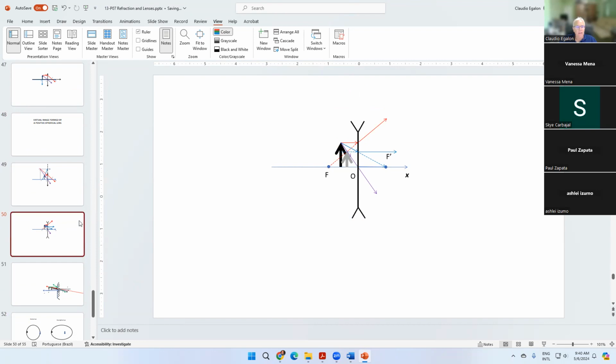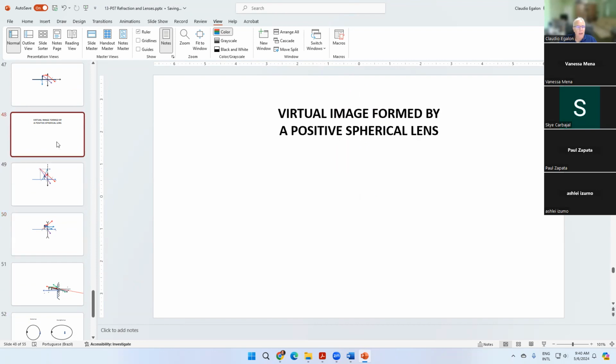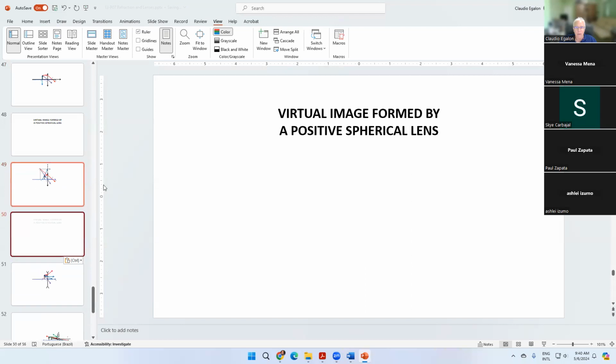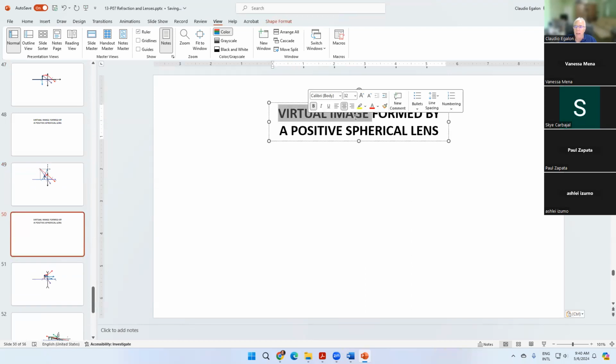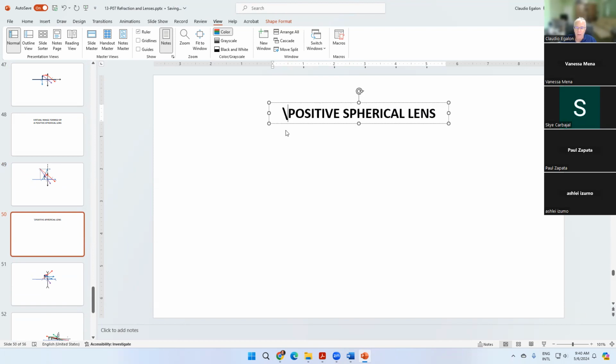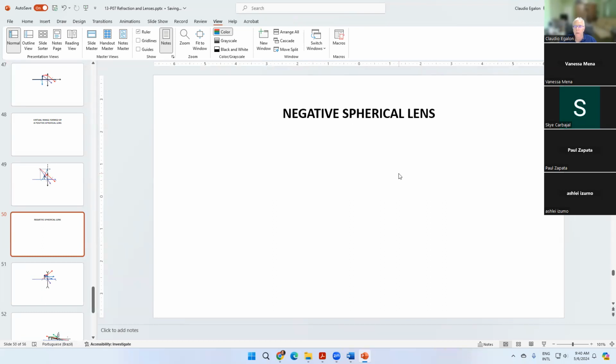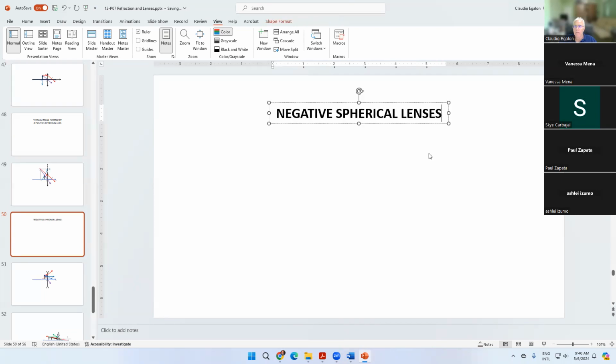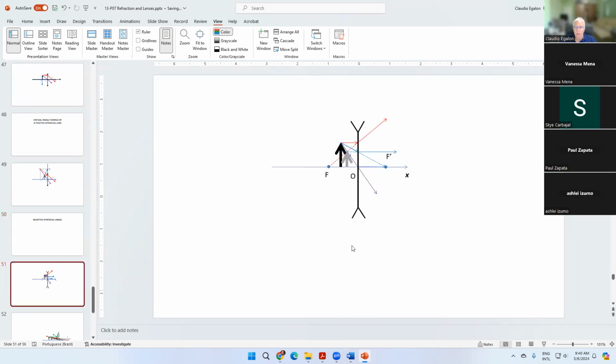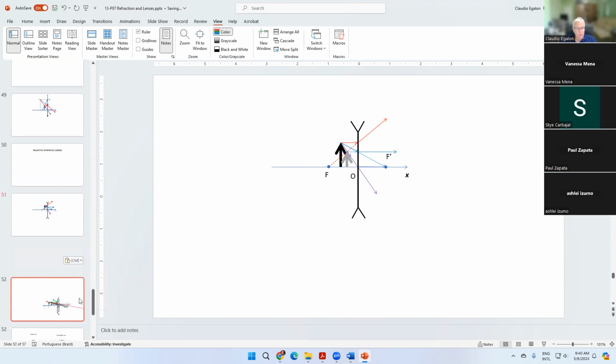You know, negative lenses are much easier to treat. Negative spherical lenses. Here's the illustration of a negative lens. Let's do it step by step, right?